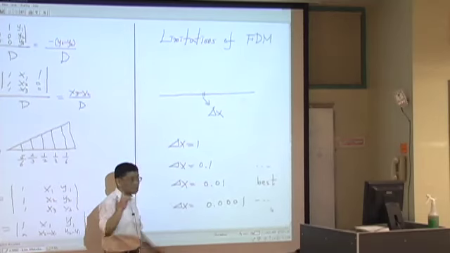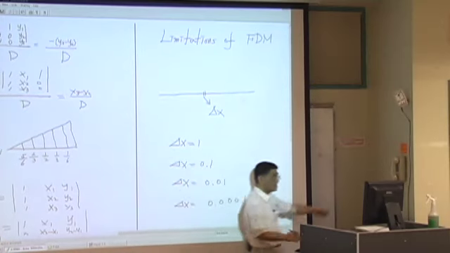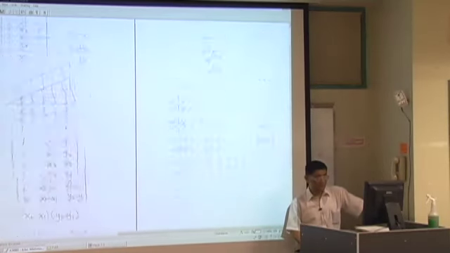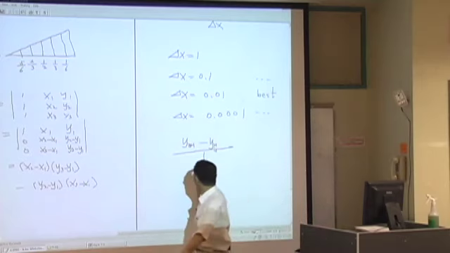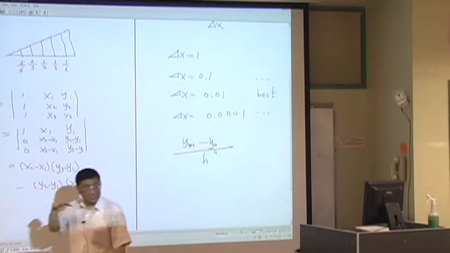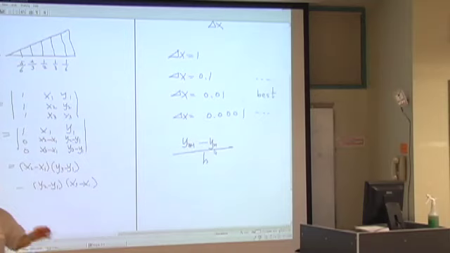Then why? I explained this before briefly. The reason is this: when you use the finite difference method, we use this kind of approximation. And as I mentioned before, if you use big h, then it itself is already far away from the actual derivative.